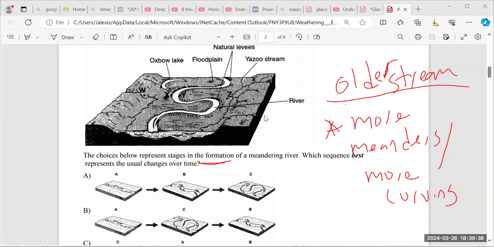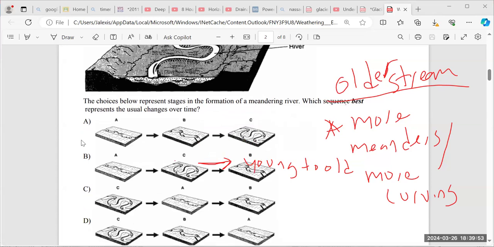Which one shows the correct sequence for going from young to old? And so when I'm looking, I already know I can definitely cross out C and D. Why? Because, sorry, at C, right here, I'm already starting off.